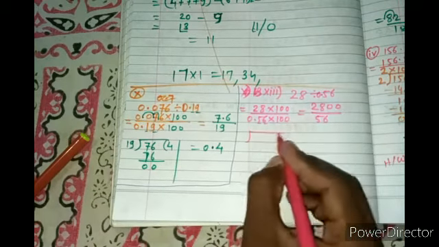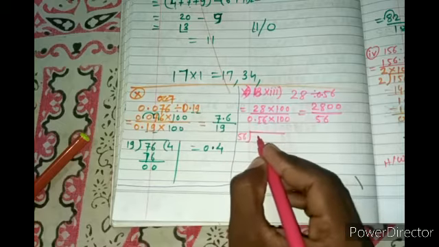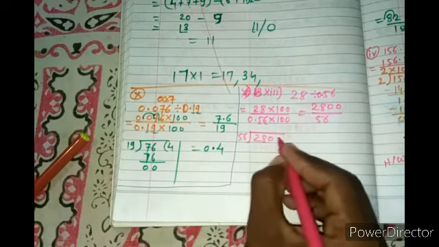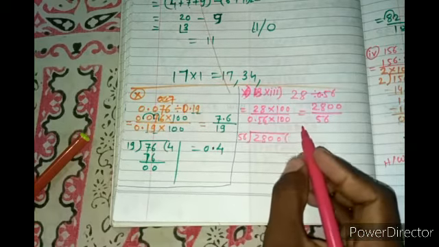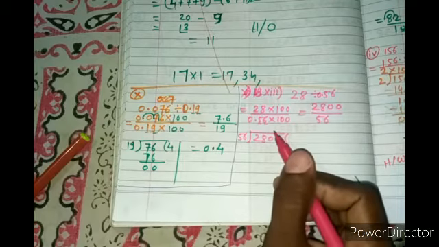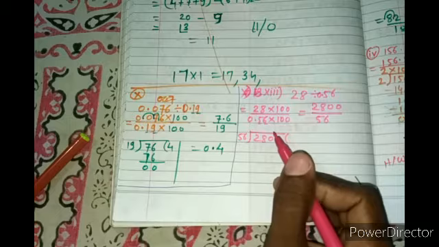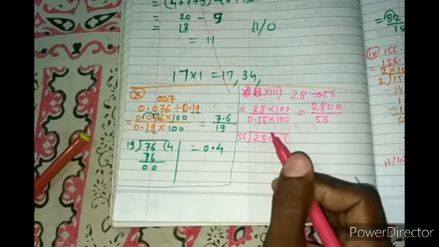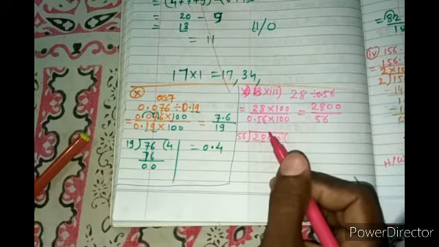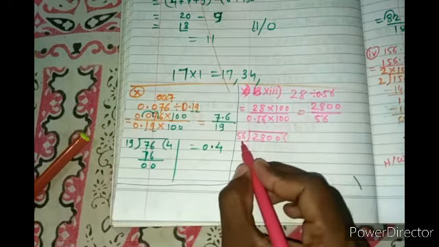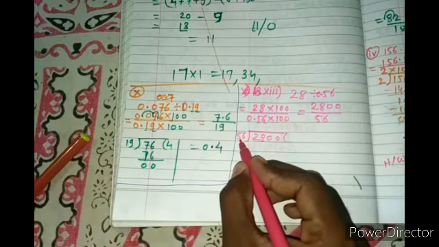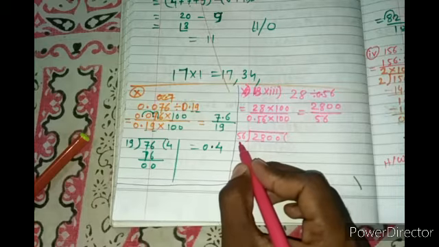Now I will divide 2800 by 56. So what is the division? The division is very easy. You all know that. So you know that 56, take it as 50. So 5 5s are 250.